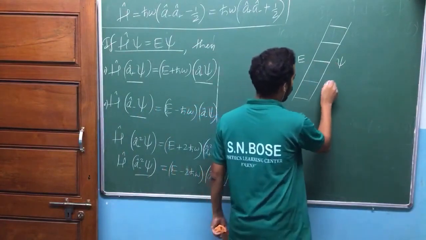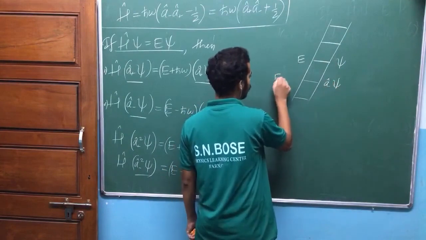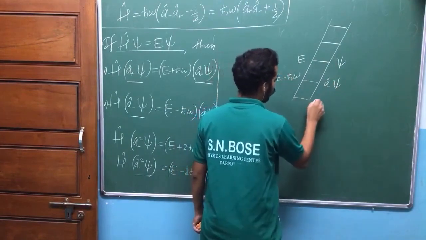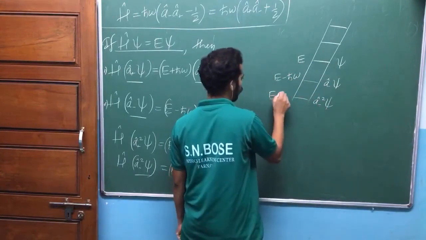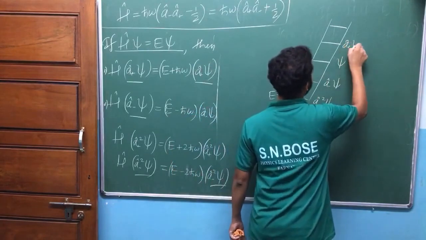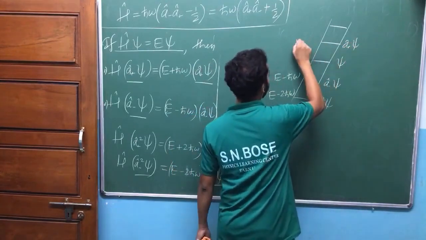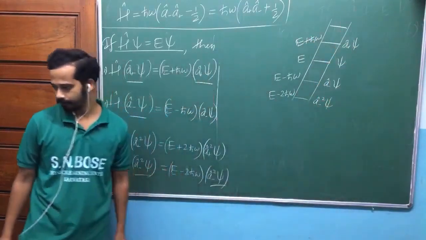Now, A minus cap psi, that is the state with energy E minus h bar omega. A minus cap square psi, that is the state with energy E minus 2h bar omega. A plus cap psi, that is the state with energy E plus h bar omega. Like that you can write.